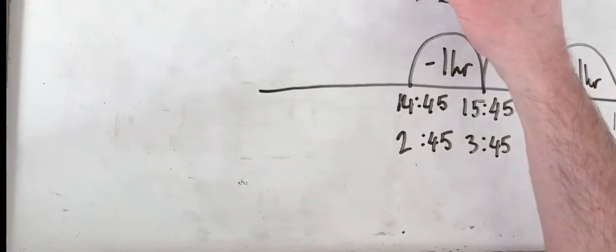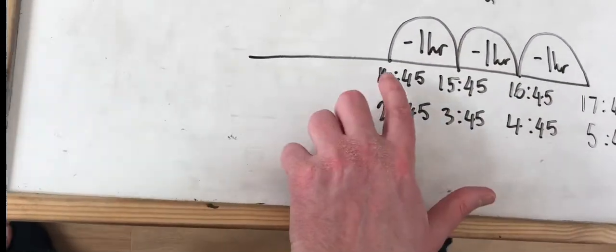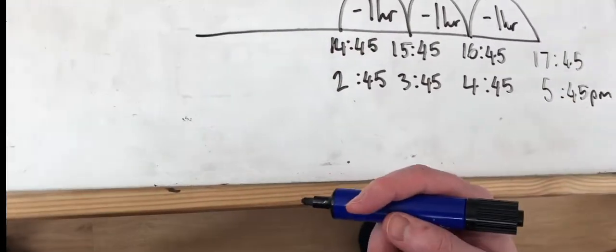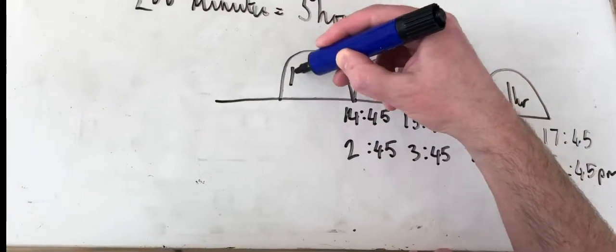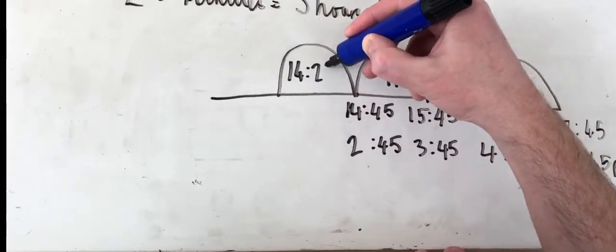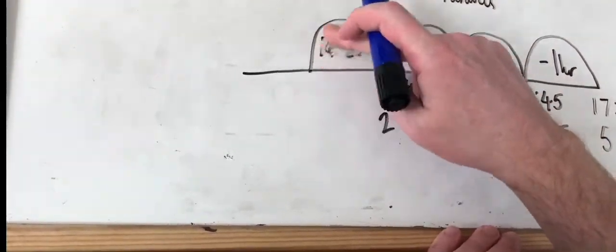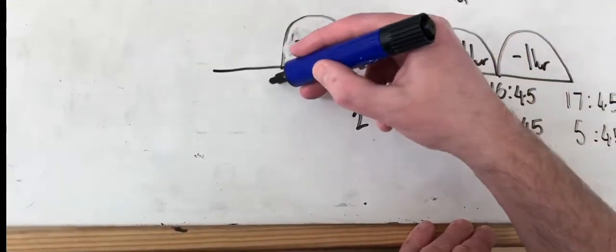So I've taken away in total 3 hours. What's left to take away? 20 minutes. I'm going to subtract the 20 minutes not from the hours, but from the minutes. So what is it going to be? 14:25, or 2:25.